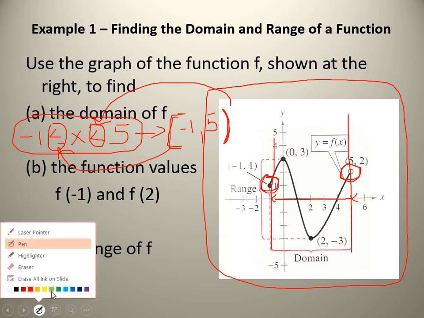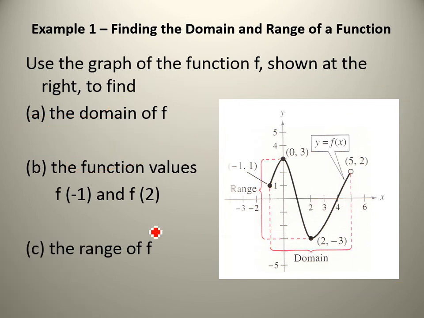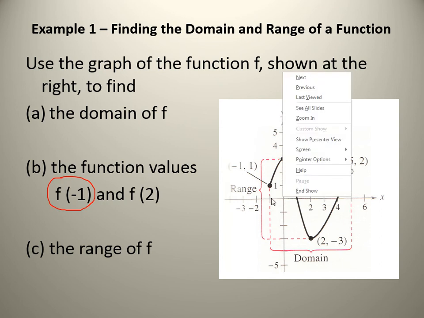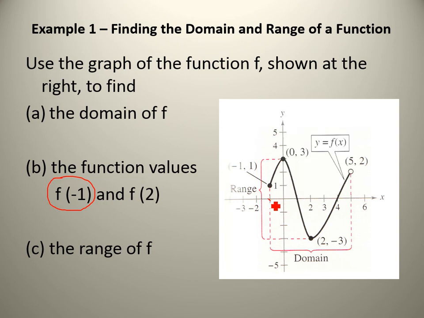So the second part of this, the function value. What we're basically looking for here is, if I put a -1 in for x, or if I go to -1 on the x-axis, what would be the y value of the point there? As you can see here, you have the coordinates for this point. So f of -1 here would be +1, because that's what the corresponding y value is when x is -1.